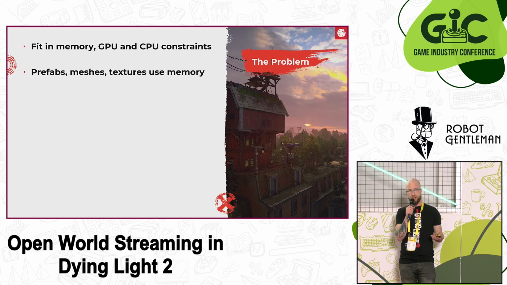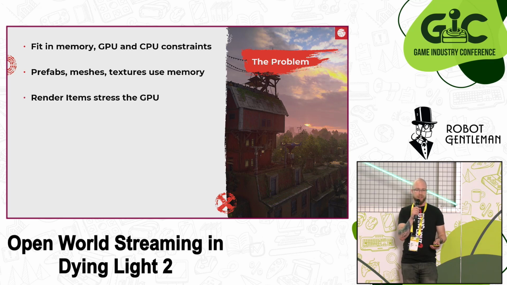Now, what makes this challenging is that prefabs, meshes, and textures all use up memory, and these are assets that our game demands all the time. Also, render items stress the GPU. Now, render items is a term used in our C engine. These are not really draw calls, you may know, because our rendering is optimized in such a way that draw calls were not a problem.